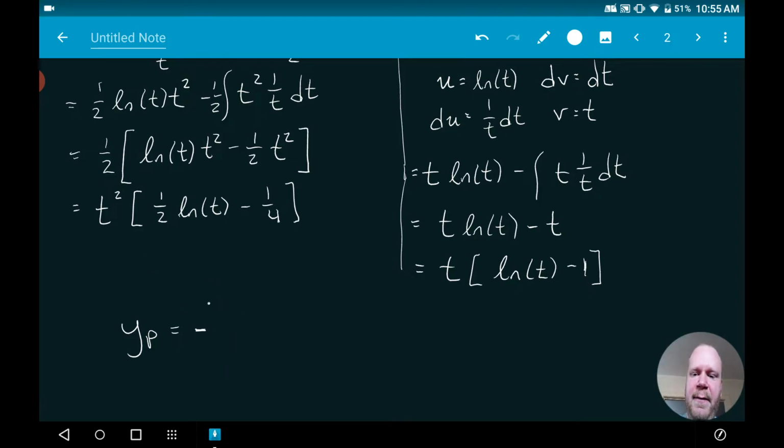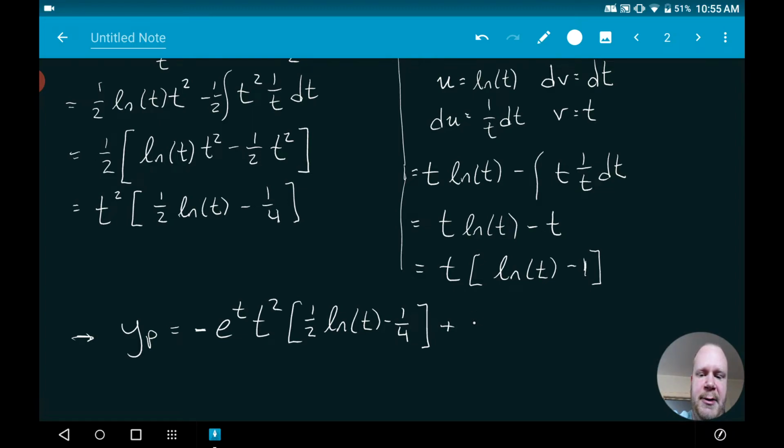So this is negative y1, which is e to the t, times t squared times 1/2 natural log of t minus 1/4, plus t e to the t times t times ln of t minus 1.